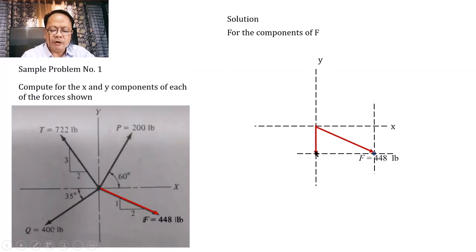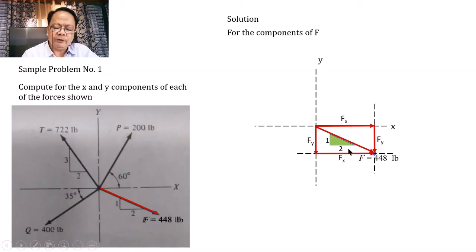This side of the parallelogram will represent the y component of F, while this side will represent the x component of F. And because you have here a parallelogram, this side will also be equal to the opposite side, and hence this will also be equal to the y component of F. And so these sides are also equal, and therefore you have here the x component of F. And if you're going to show here our slope of F, which has a slope of 1 vertical to 2 horizontal, let us transfer it here.